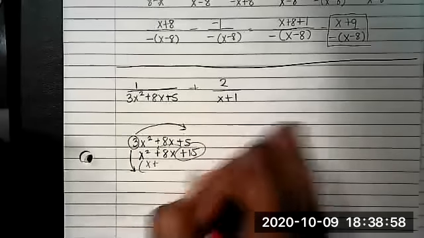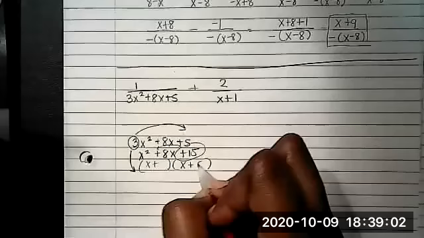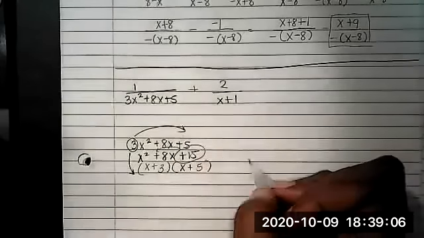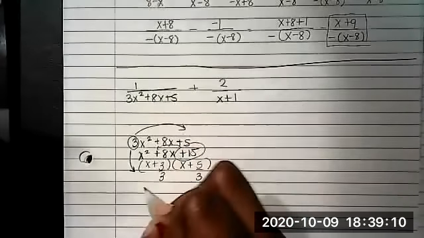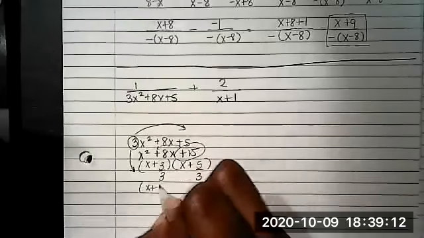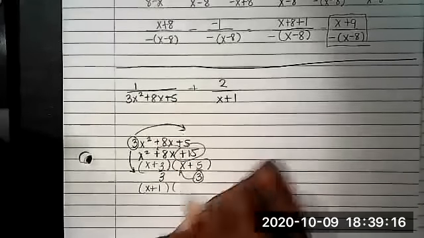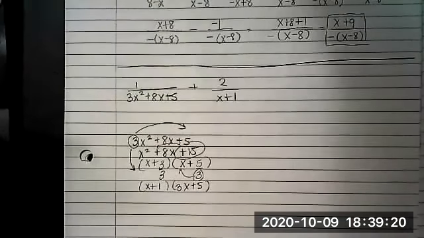I know it's plus because that is plus, x plus, x plus. 5 and 3, it looks like. Multiply them, add to give you 8. Don't forget to divide by that 3. Okay, so this now becomes x plus 1 and 3x plus 5.